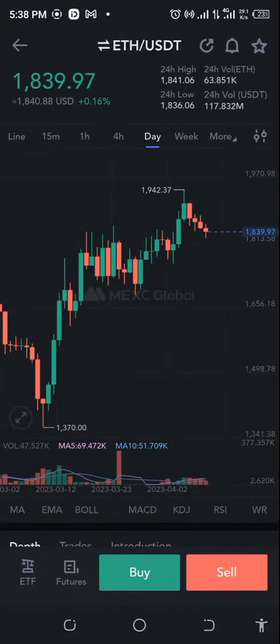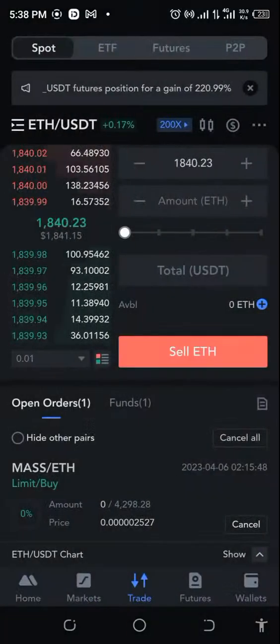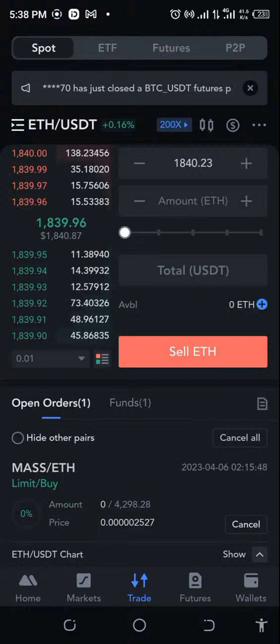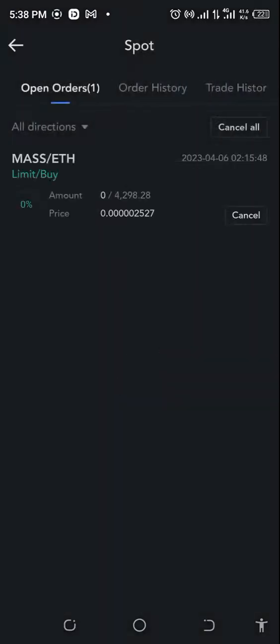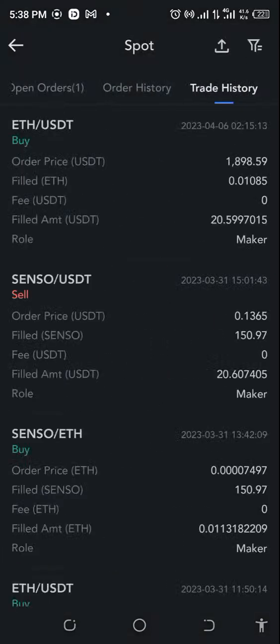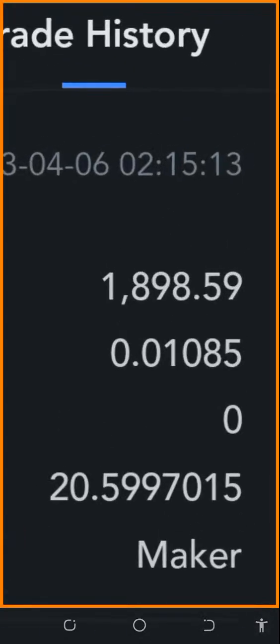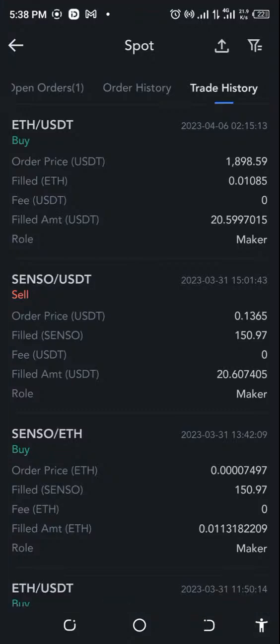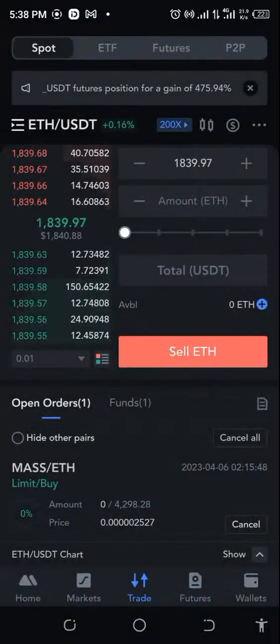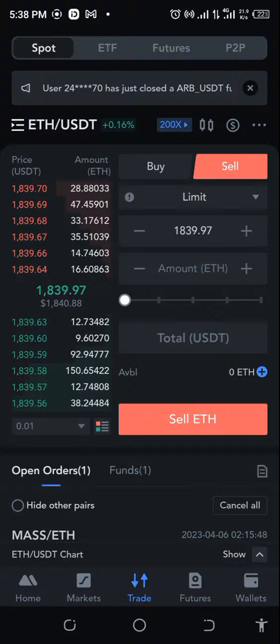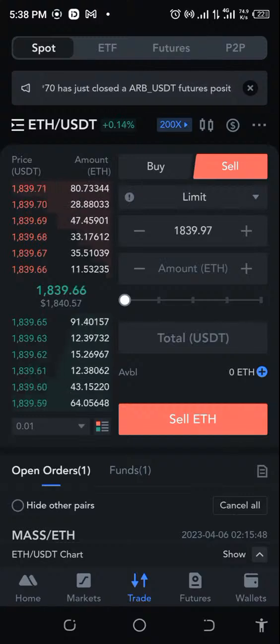So because of that, I mean, sorry, I bought ETH for 1,898, almost like 1,899, as you can see here. So right now the value of ETH has gone down. So because of that, I was actually looking at recalibrating.